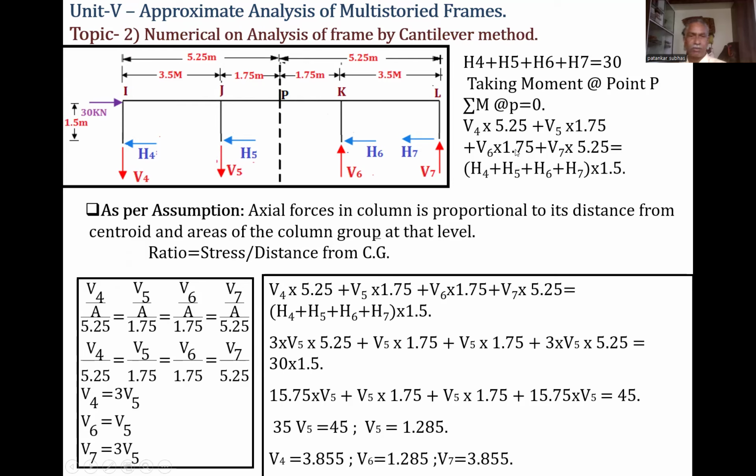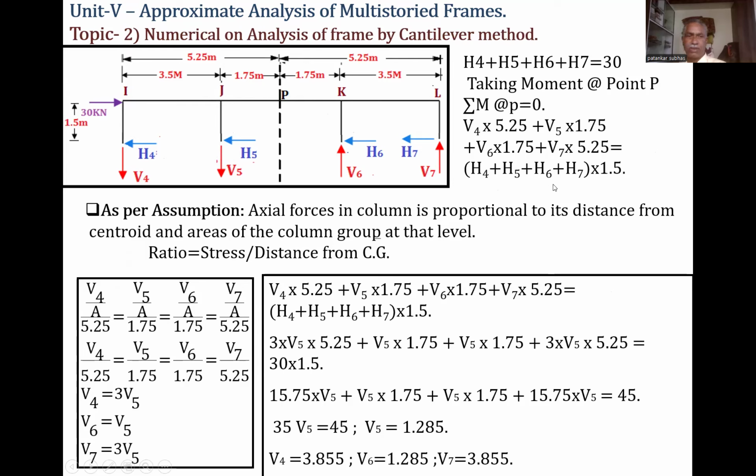That's why V6 multiplied by 1.75 and V7 multiplied by 5.25 is equal to H4 multiplied by this distance, that is 1.5, H5 multiplied by the same distance, H6 and H7 multiplied by the same distance. So 1.5 is common, and H4 plus H5 plus H6 plus H7 is equal to 30.